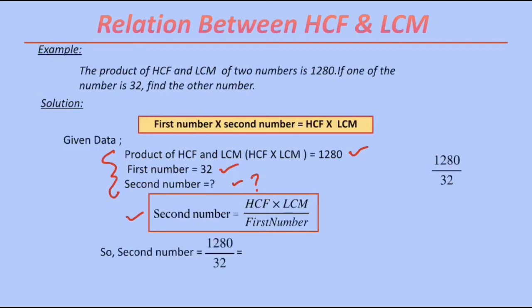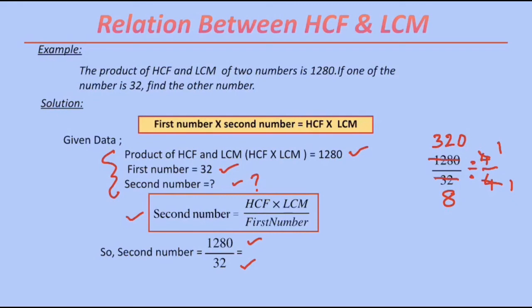Now, write the values in the formula, that is HCF into LCM is 1280 and the first number value is 32. Now, simplify these numbers by dividing. Numerator and denominator will be divided by 4. So, 4 ones are 4, 4 eights are 32, 4 threes are 12, 4 twos are 8, 4 zeros are 0.